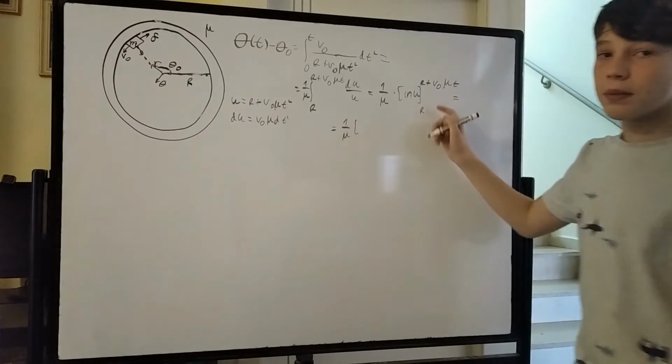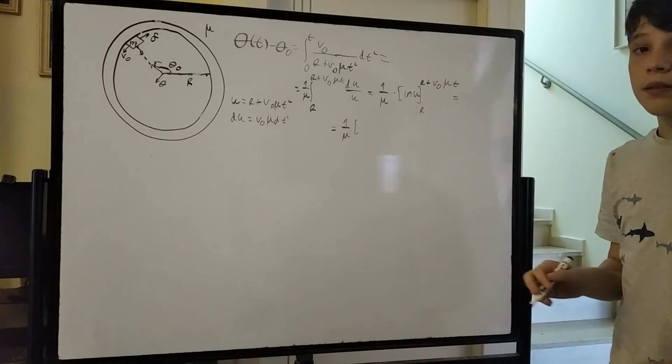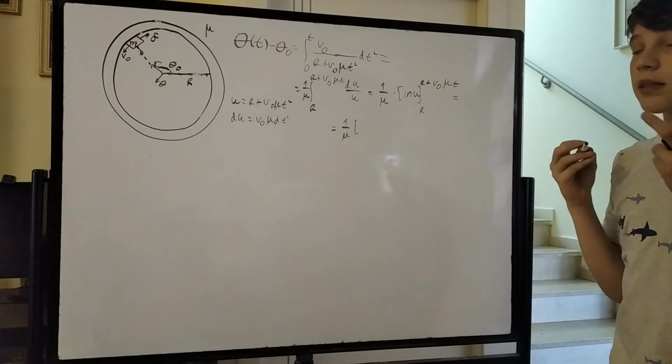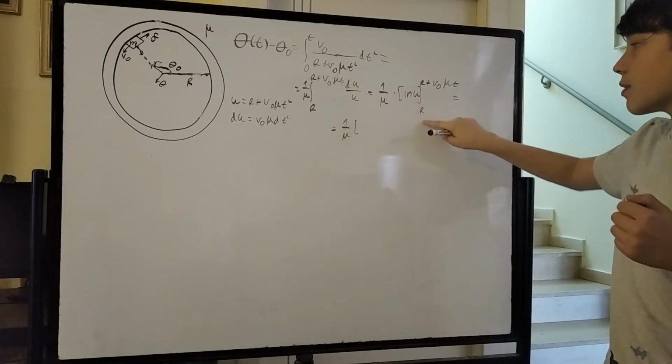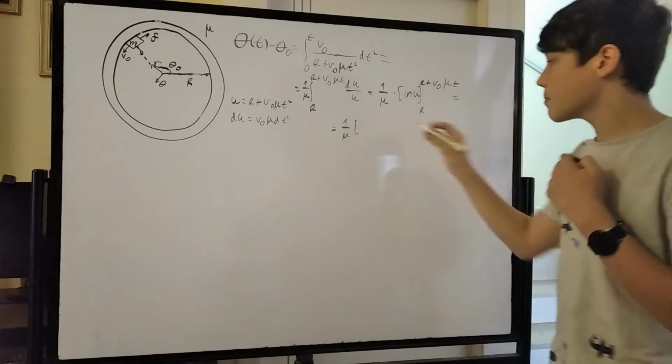Now, natural log of this minus natural log of this is the same as natural log of this over this by logarithmic rules.